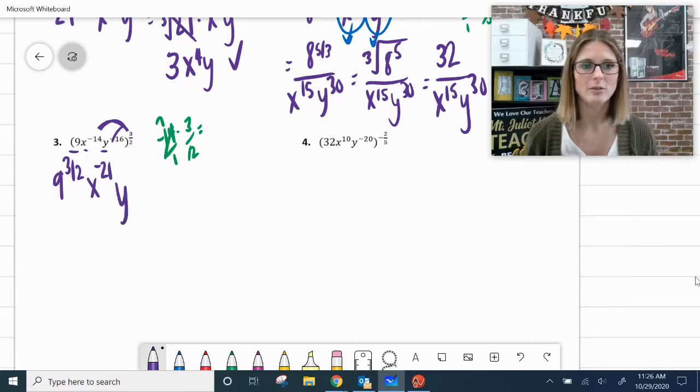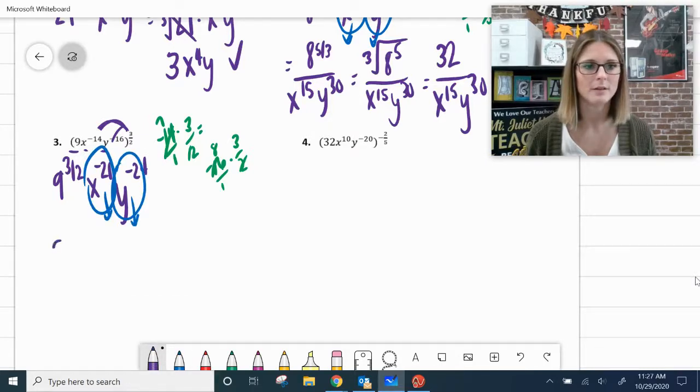And then y to the scratch work. Let's see, -16 times 3 over 2. This will simplify to 8 and give me -24. All right. So we've got 2 things with negative exponents that are going to move down into a denominator. 9 to the 3 halves over x to the now +21, y to the 24th.